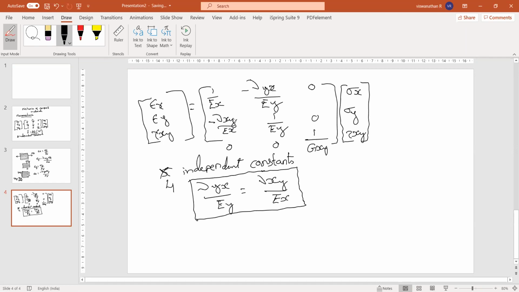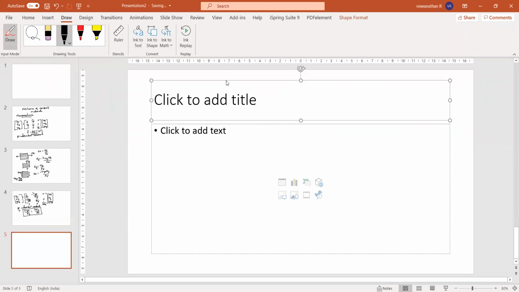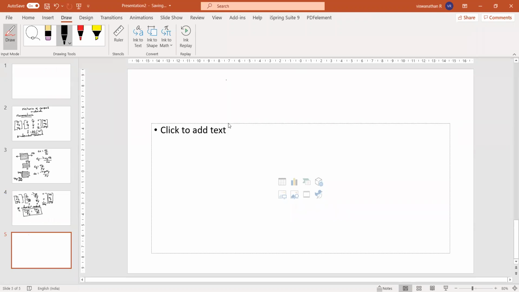You need to equate these two; since negative is on both sides, it gets cancelled. So nu yx by Ey is equal to nu xy by Ex. That's why there are 4 independent constants and not 5. From an isotropic material where only 2 were required, now 4 independent constants need to be known for this UD lamina.